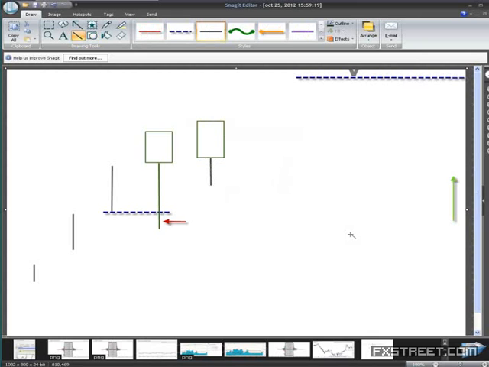In the case of the hammer pattern, no confirmation is required because it is a strong enough pattern to act upon, always, as I said in the beginning, if it is combined with other technicals, not by itself.